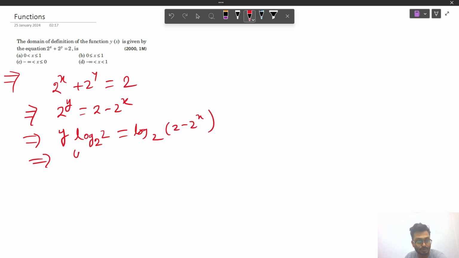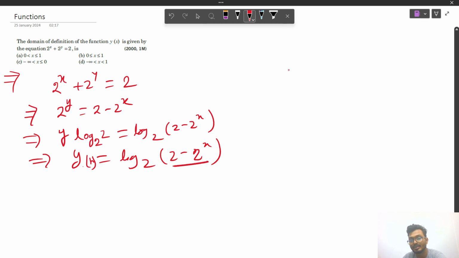So y equals log base 2 of (2 minus 2 to the power x). Now to define this y, we just need the argument greater than 0. That means the domain will be for 2 minus 2 to the power x greater than 0.